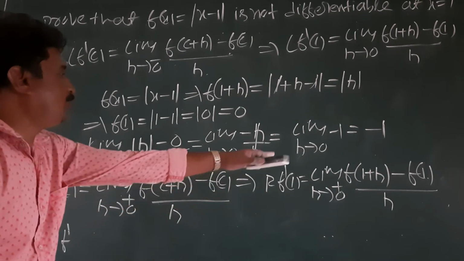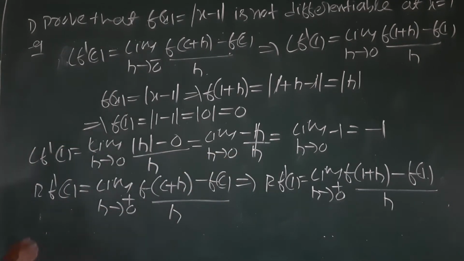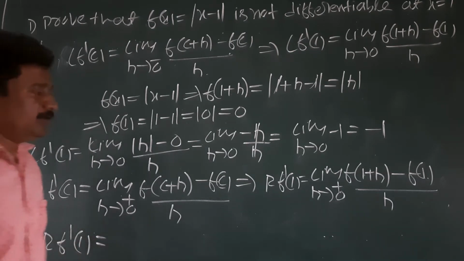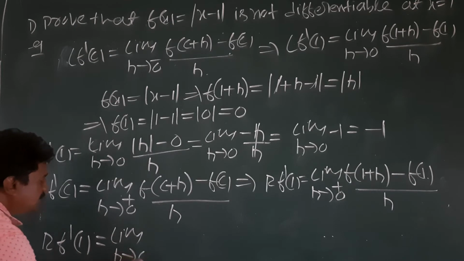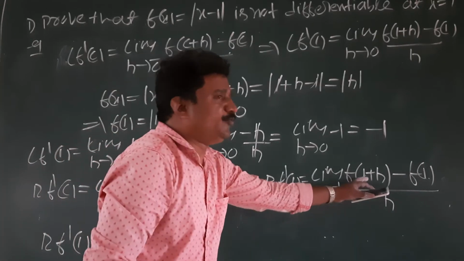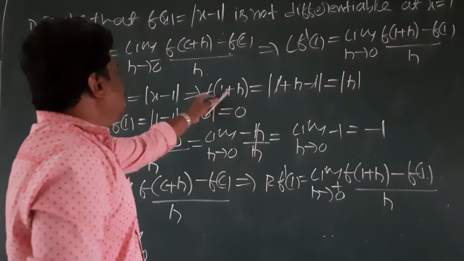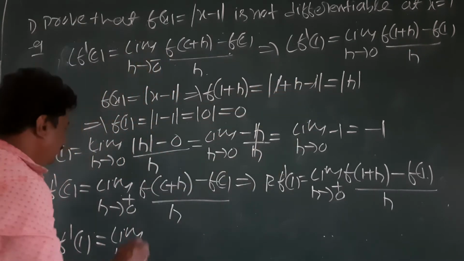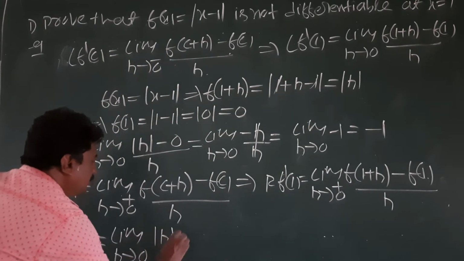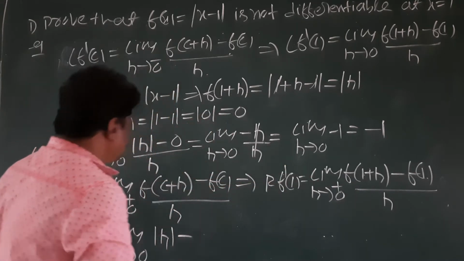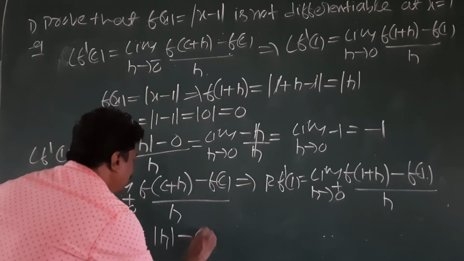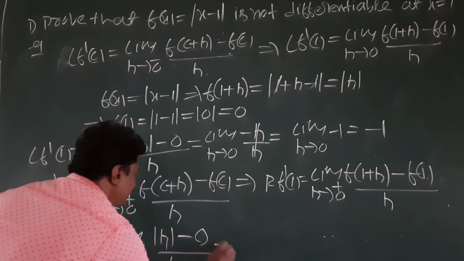So you substitute for f of 1 plus h. F of 1 plus h is mod h, minus f1. f1 value is 0. That is 0 by h.